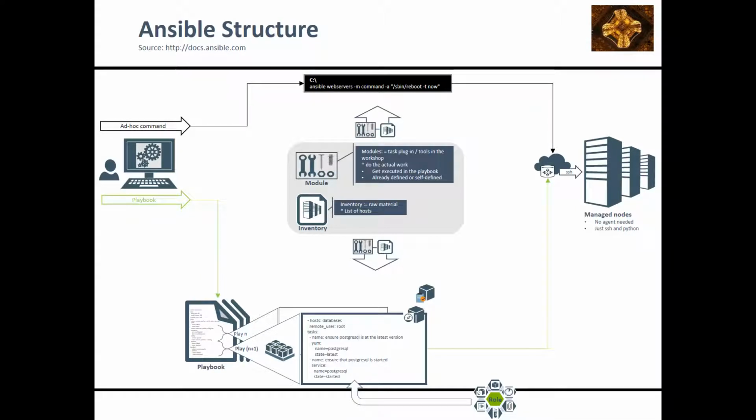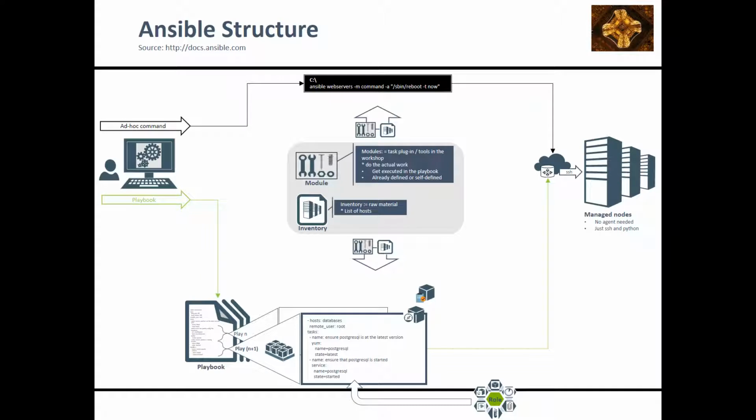So first what you need is modules and inventory. Inventory is a file where you basically list your raw materials. So this is going to be the list of hosts which you would like to manage. And then you have your modules, and the modules are the actual things which get executed. There are very many modules already defined, but you can also define some yourself.